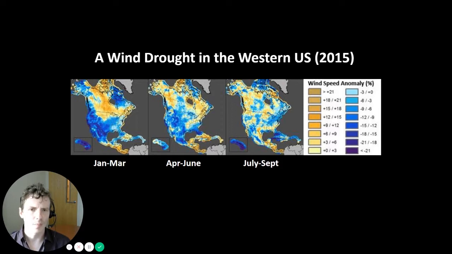And the colors represent deviations from the historical average or anomalies, right? So the warm colors represent higher wind speeds than average in terms of percentage. And the colder colors, so blue and purple, represent lower wind speeds than average. And what you can see from January to March and April to June is that much of the United States experienced significantly lower wind speeds than average for a prolonged period of time, many months.